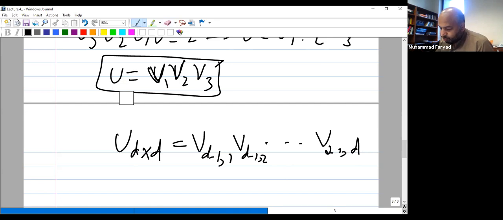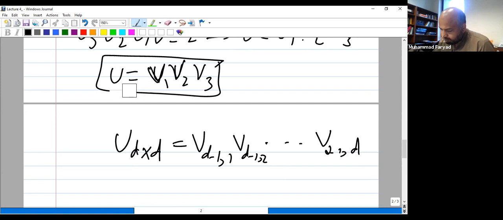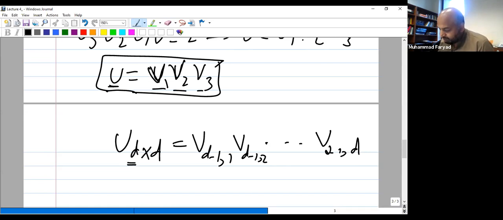Because you saw over here that this U was a 3 by 3 matrix, so we needed 3 unitaries to reduce its dimension by 1. Now here, if it is a D-level matrix, we need D unitaries to reduce its dimension by 1.